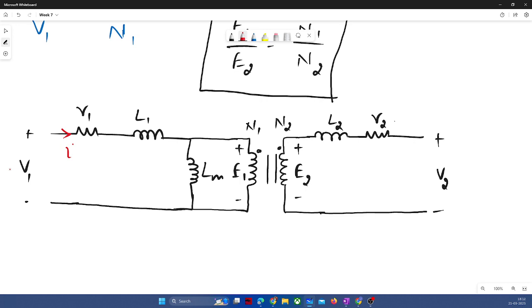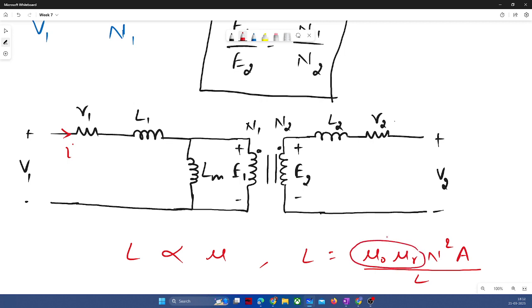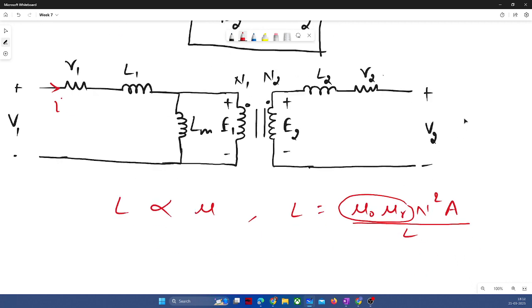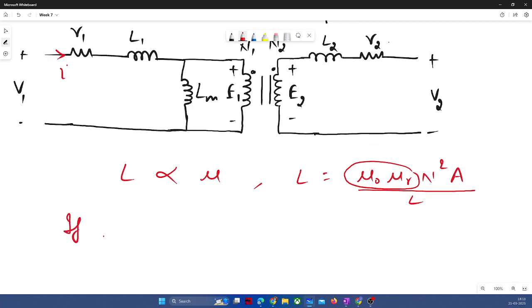Is the relative permeability of the core directly proportional to this LM? Yes, inductance is proportional to permeability, right? If you see the formula of inductance, mu naught mu r N square A by l. So if your permeability is infinite, let us suppose mu naught is fixed anyway, if mu r is infinite, then your inductance will be infinite. Then you can treat it as an open circuit, right?